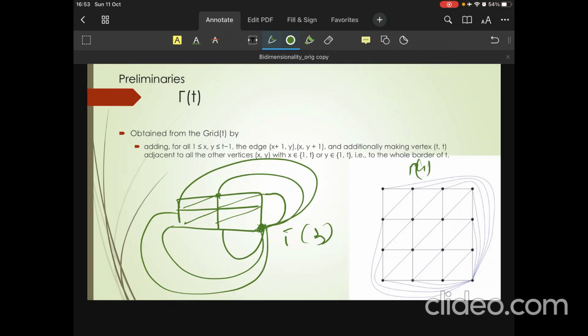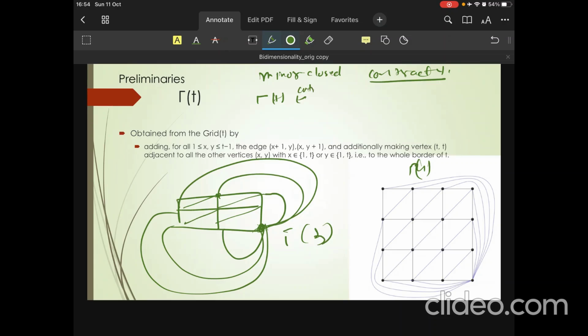One thing I'd like to mention is that since tree width is minor closed, anything which is minor closed will be contraction closed. It's easier to see because contraction is a subset of minor. If something is formed by contractions, then it is obviously a minor.